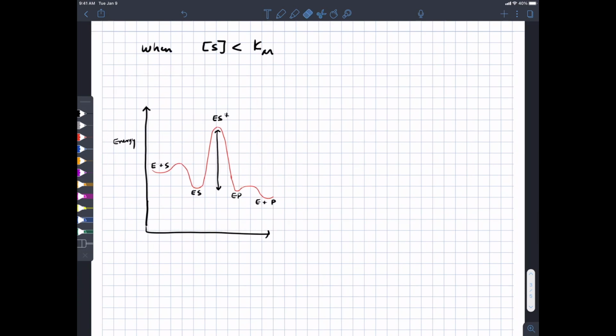Well, remember that Km is somewhat related to the binding constant, and if your substrate concentration is much lower than the Km, that implies you're in a situation where your starting materials, let's put them here, enzyme and substrate, are more stable, lower in energy than the enzyme substrate complex. Right?